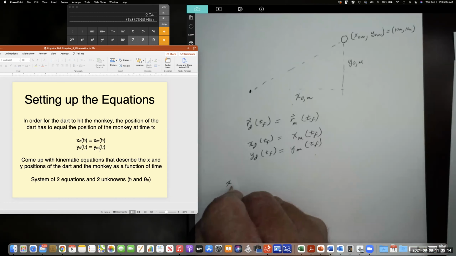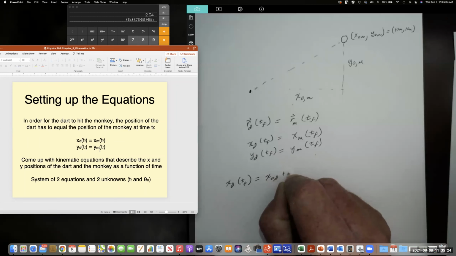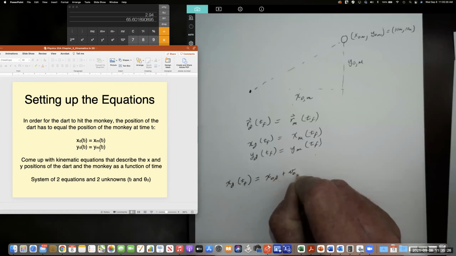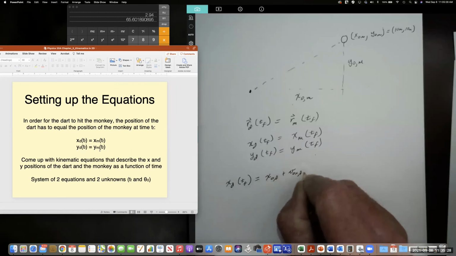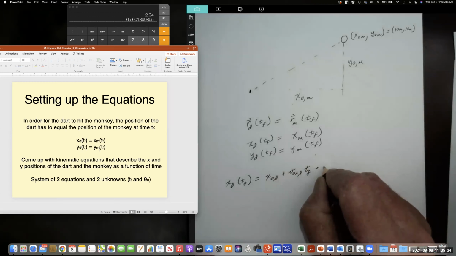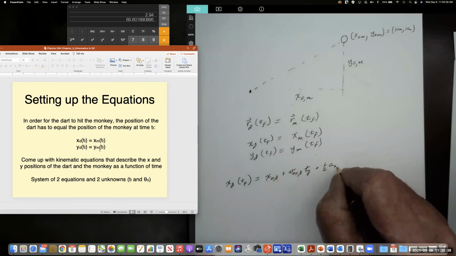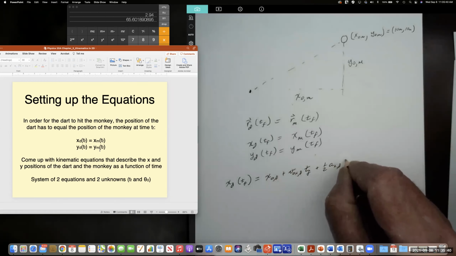XD of T final is equal to X0 dart plus V0 X dart times T final plus 1/2 A sub X dart T final squared.